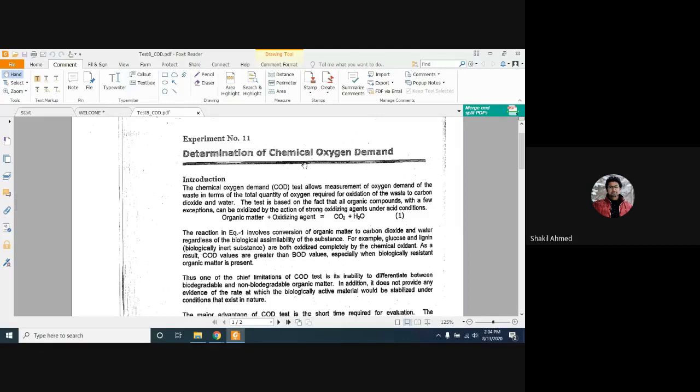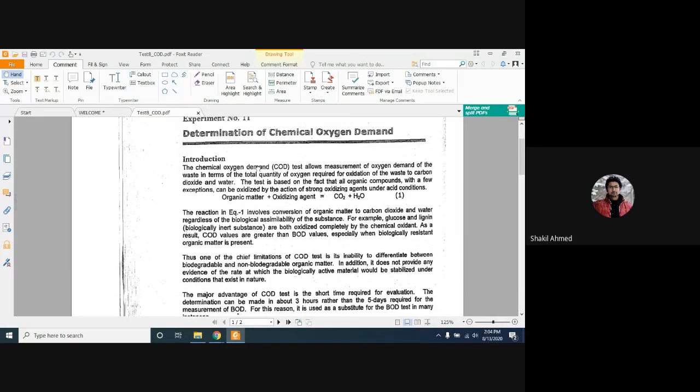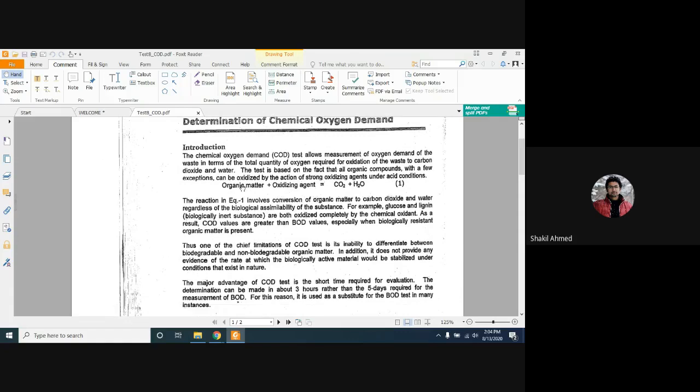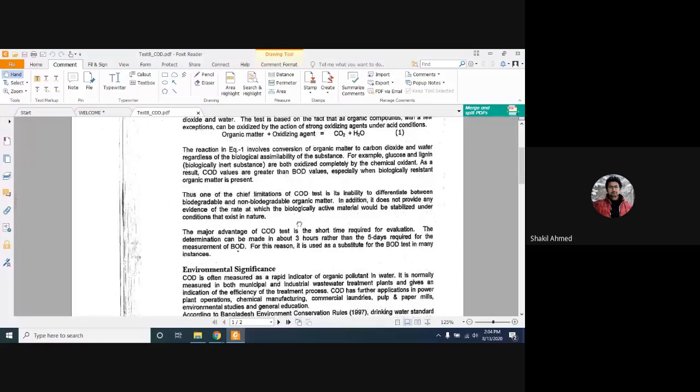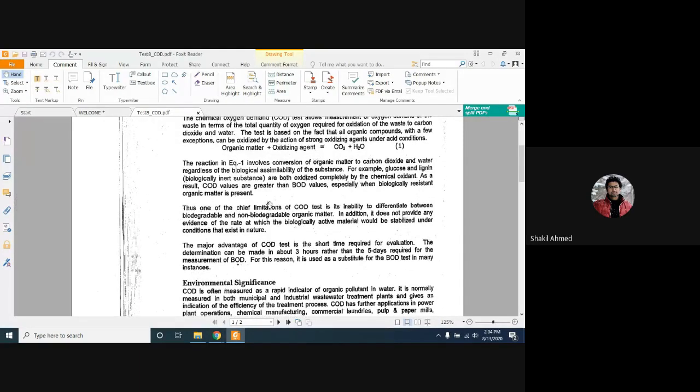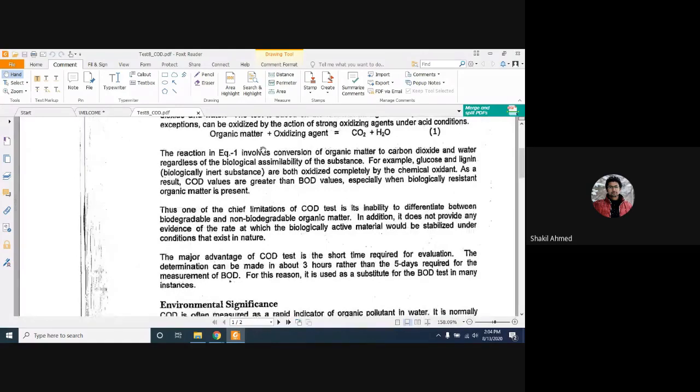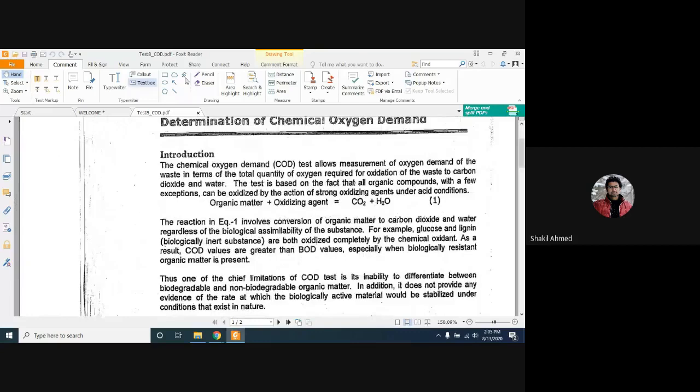Okay, so today we will learn how to determine COD. So, determination of chemical oxygen demand. Read this very carefully. This is the same thing whatever I told you so far. Now this is very important: what is the advantage and disadvantage of the COD and BOD test? In COD we are using a chemical agent.